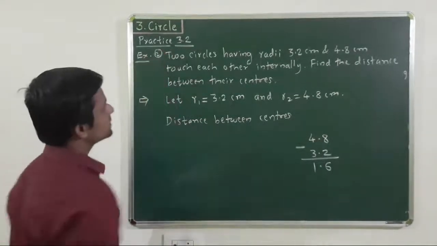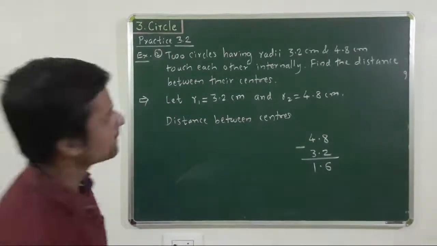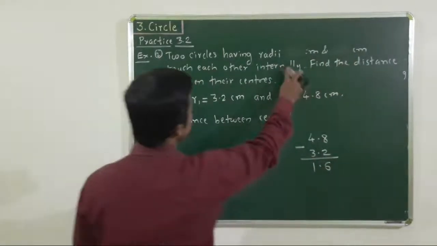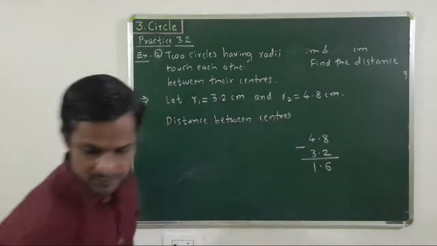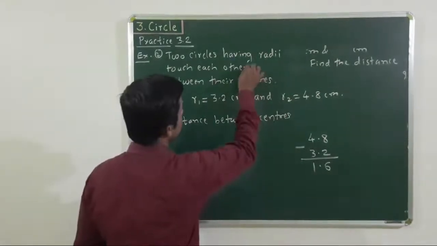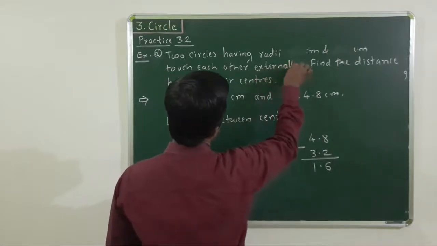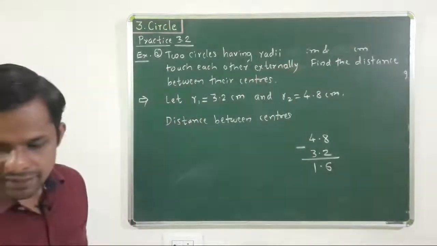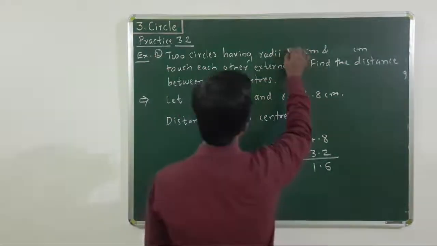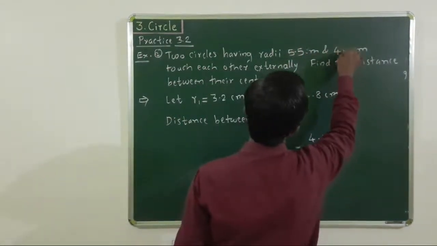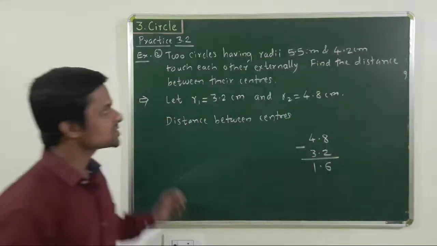It's similar to this: two circles having radii 5.5 centimeter and 4.2 centimeter touch each other externally.